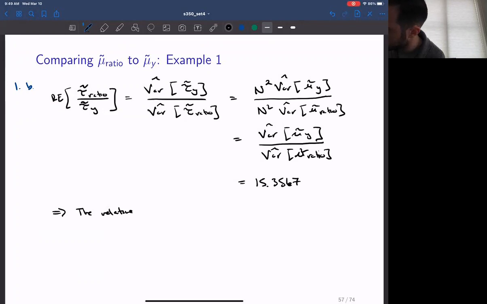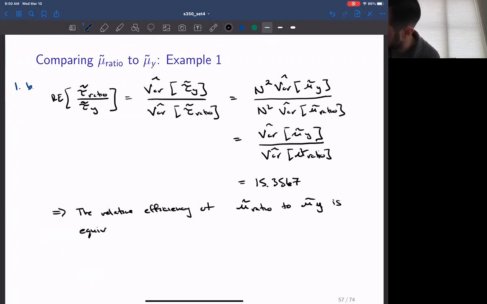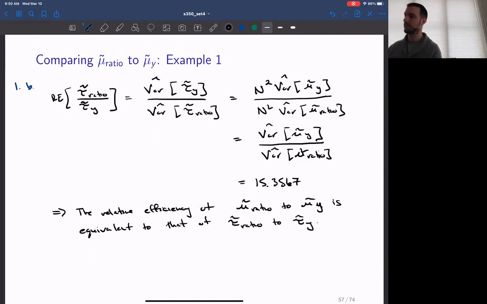So the relative efficiency of mu tilde ratio to mu tilde y is equivalent to that of tau tilde ratio to tau tilde y.